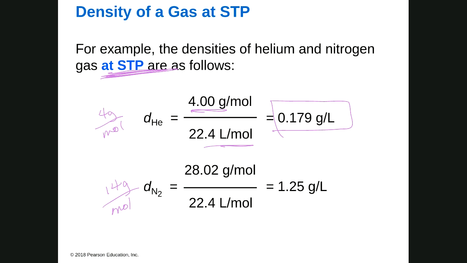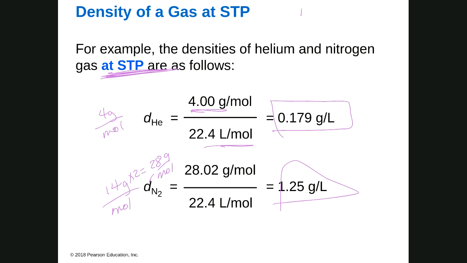And the density of nitrogen at STP is 1.25 because it's 14 grams times 2, right? Because it is a diatomic gas. Don't forget which ones those are because it's super important in the gas chapter.